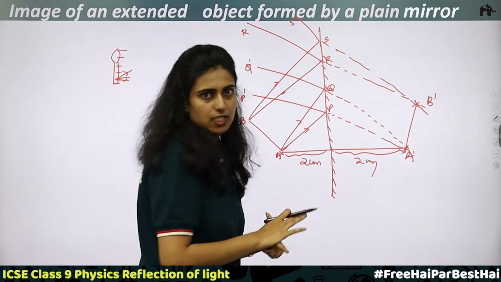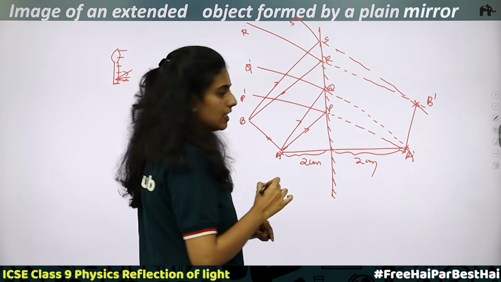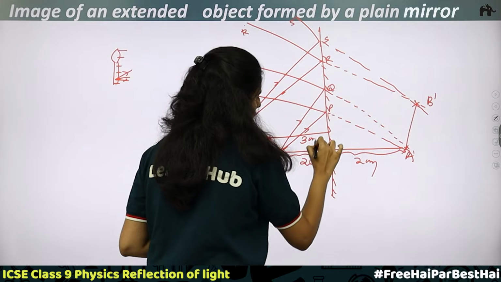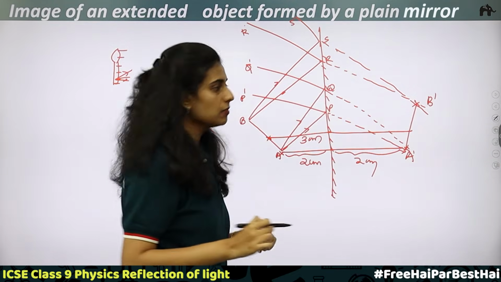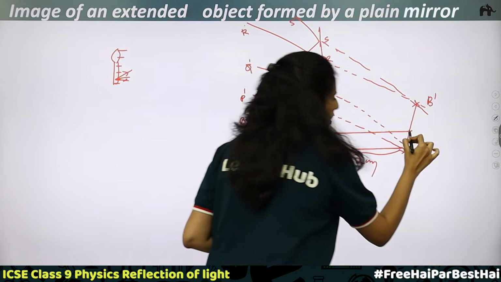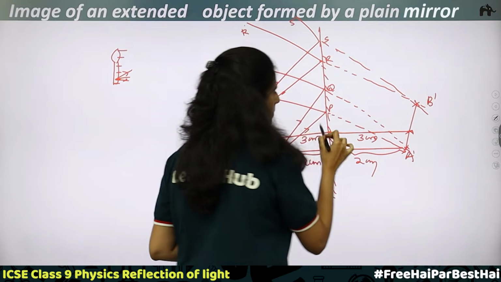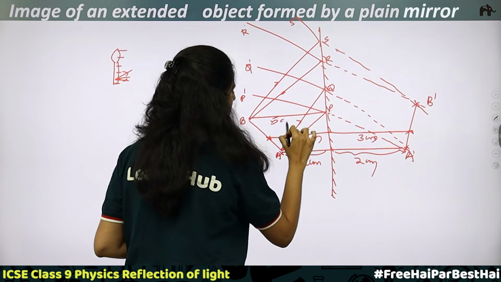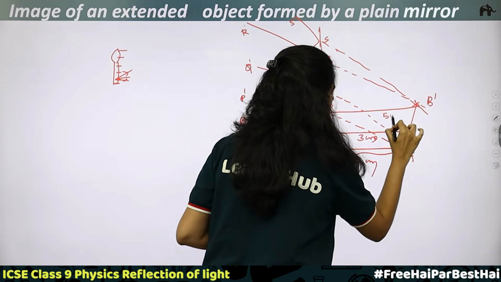If another point is at a distance of 3 centimeter, drawing a normal straight line, this point will also be at 3 centimeter from the mirror. So if B is at a distance of 5 centimeter from the mirror, B dash will also be at a distance of 5 centimeter from the mirror.